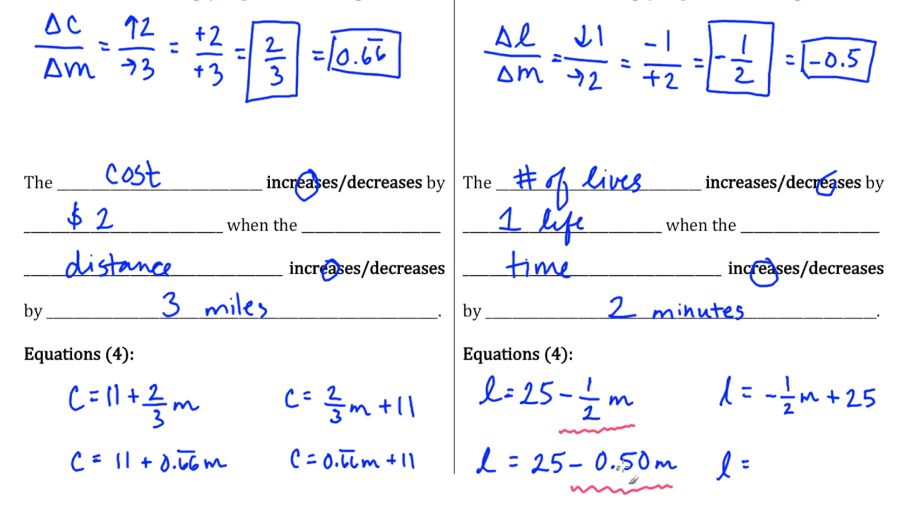Here, instead of writing 0.5 m, we're going to write negative 0.5 m. That 25 is a positive, so we'll put plus 25. Cool. And that is it. Thank you.